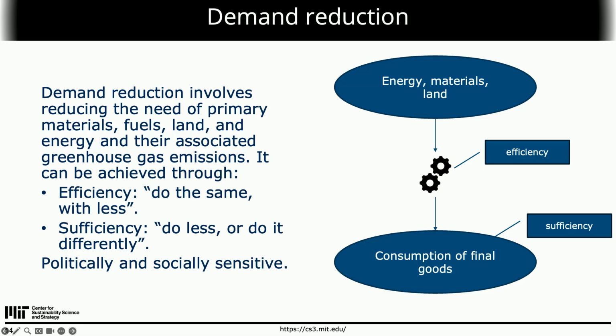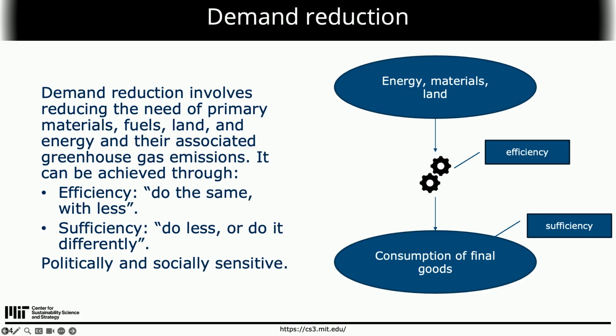So we don't want to sacrifice our needs and wants. While sufficiency says, okay, maybe we can act on energy, material, and land in the first place just by reducing our needs and wants. And of course, these can be combined.